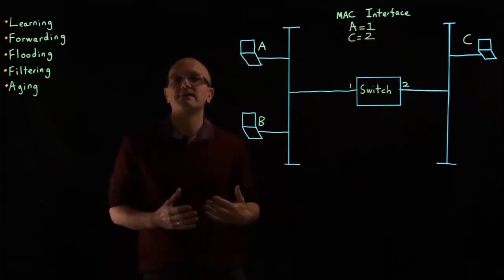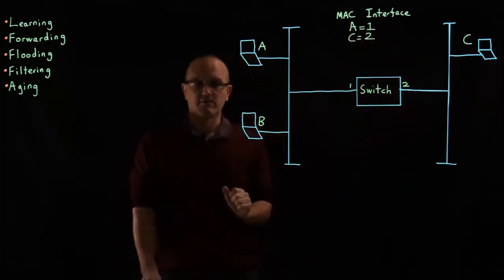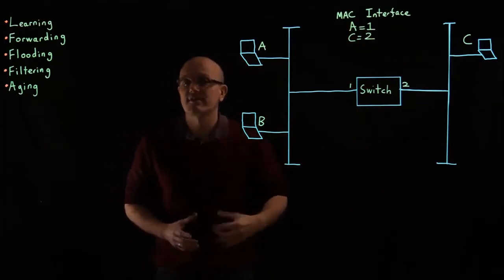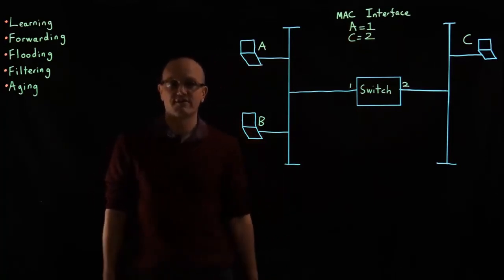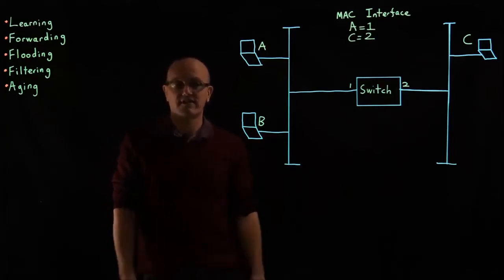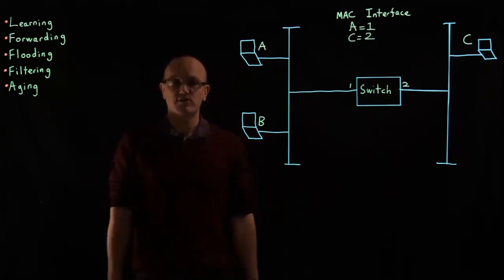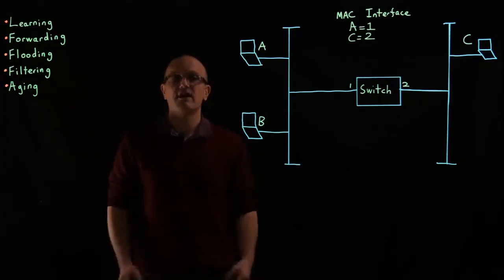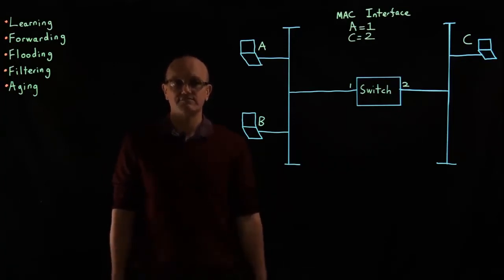And that way we are completing the forwarding table. So this was an example of unknown unicast flooding that we use when we don't know where that unicast MAC address exists. Flooding can also be used to deal with broadcast and multicast traffic.